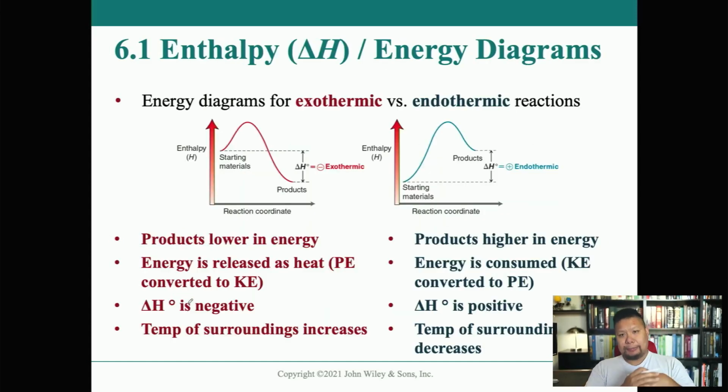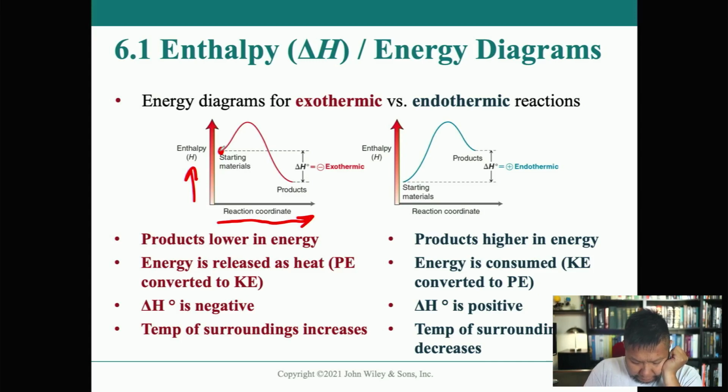So let's take a deep dive into what it means to be exothermic and endothermic. Here we have an exothermic reaction. Here's your enthalpy, or delta H, on the y-axis, and the reaction coordinate is basically the progress of the reaction. In an exothermic reaction, you have your starting materials at this particular enthalpy.